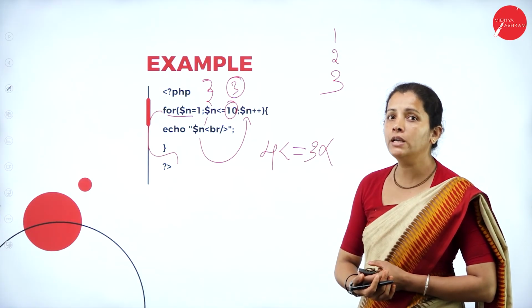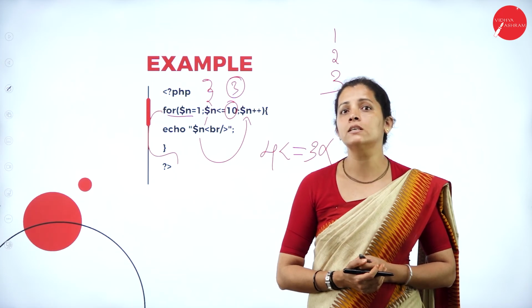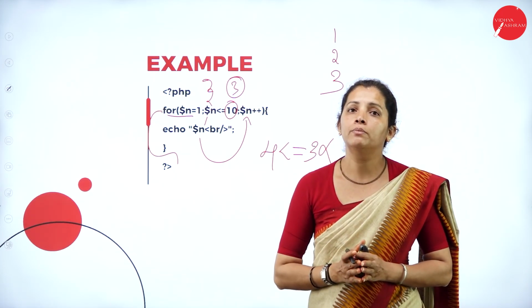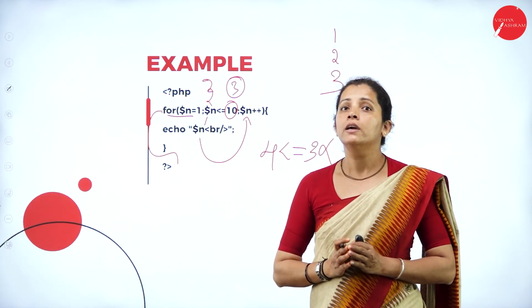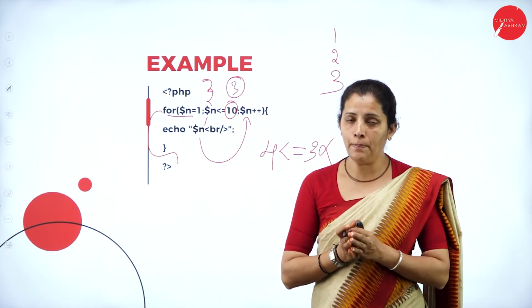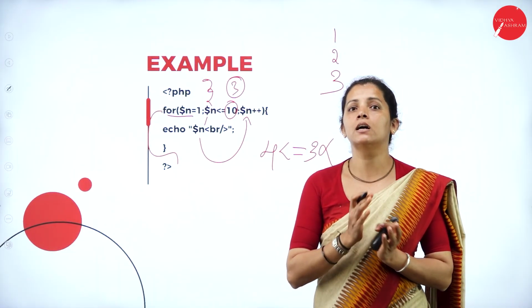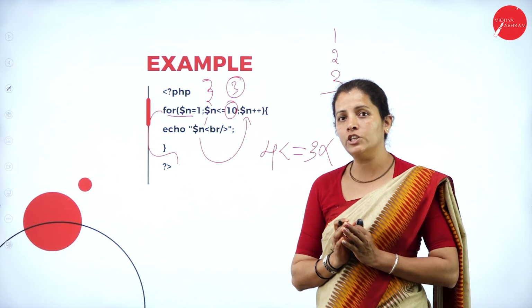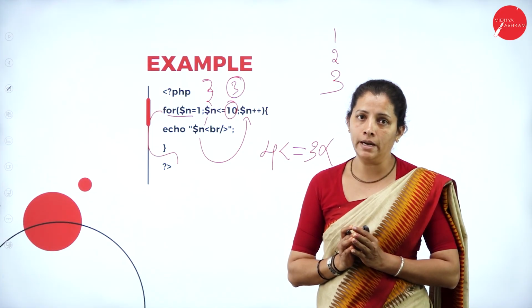In my today's session, I started with conditional statements as well as control statements. Dear student, if you want to write any PHP program, then you must use either control statements or conditional statements based on your program requirement.